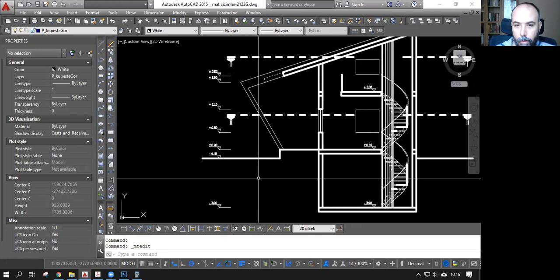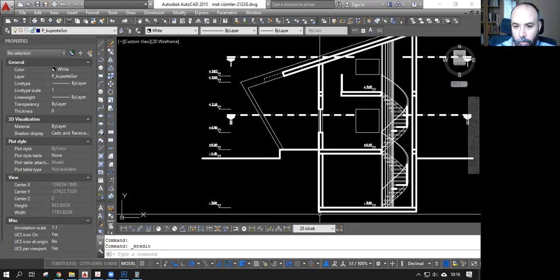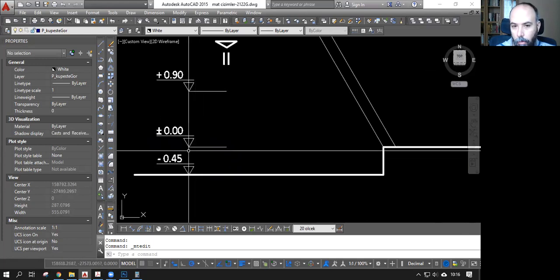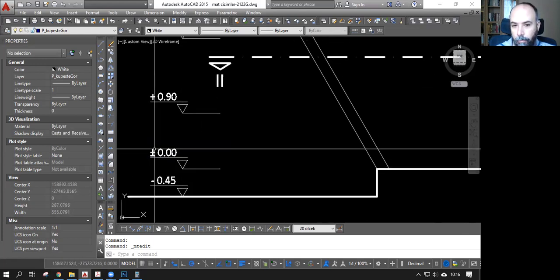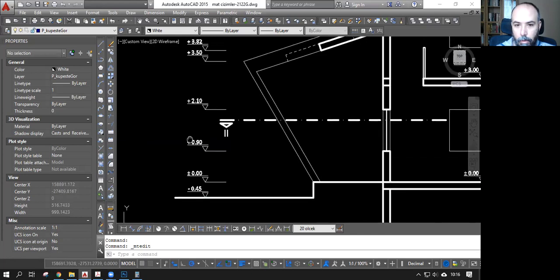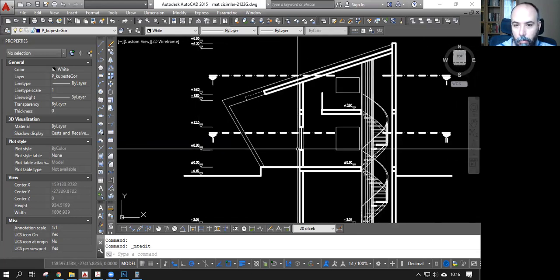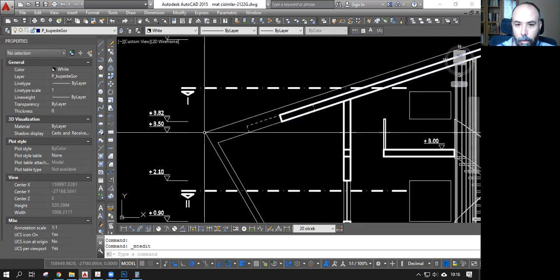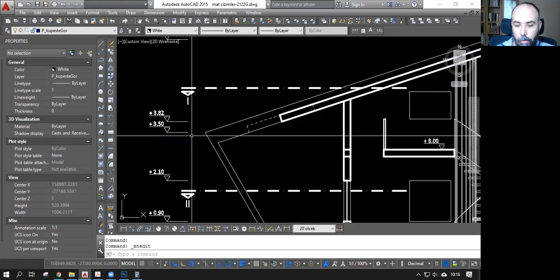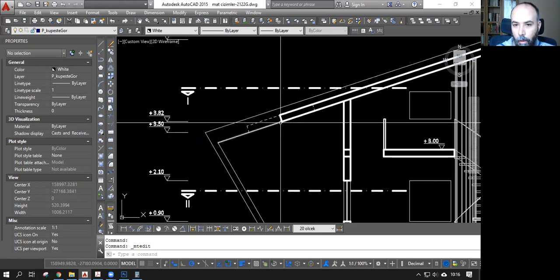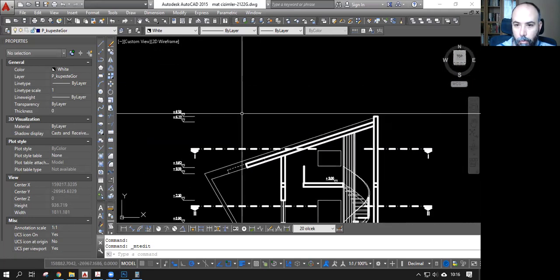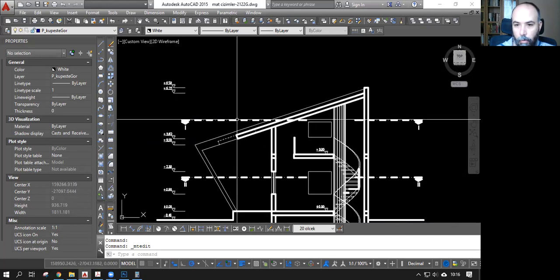So here on this facade, I have -3 for the basement floor, -45 for the ground itself, plus -0, 0, that's the ground floor level, the parapet, window, and here I have this corner, the highest corner of this beam column structure, the below level of the roof, and the highest point of the roof, and the highest point of the parapet wall.